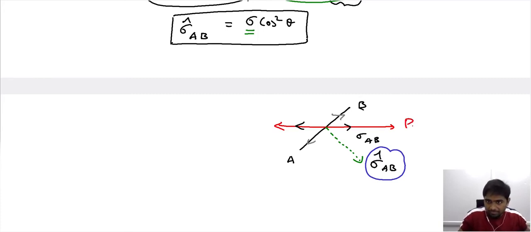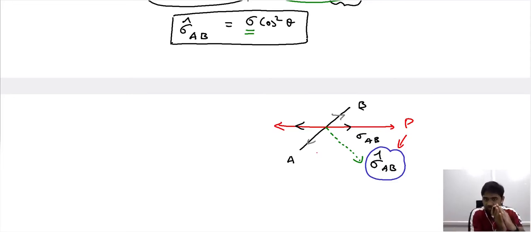In addition to this direction, there is another direction we can consider, that is along the region of interest, on the surface. So not only perpendicular to the region of interest do you have a stress, but also on the region of interest. Is it possible for us to estimate the stress experienced by the region of interest on its surface?